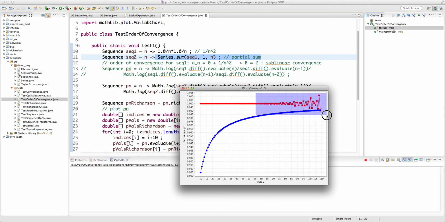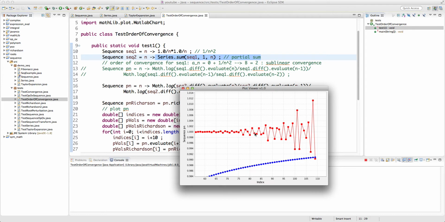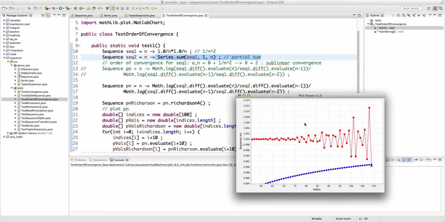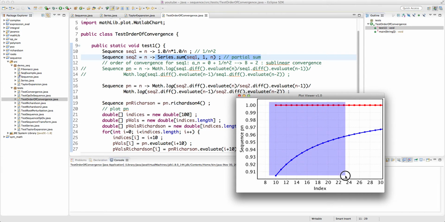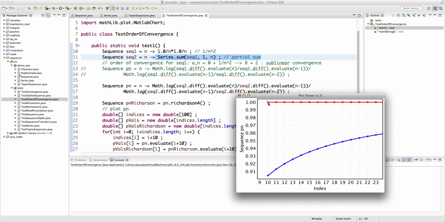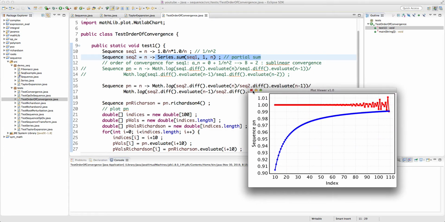And what is obvious here is that the fourth order Richardson transformation becomes unstable at very large n, as we expect, typically that happens. But as you can see, for a small index, it pretty much gives you the exact result right away. Okay, so definitely use these transformations.